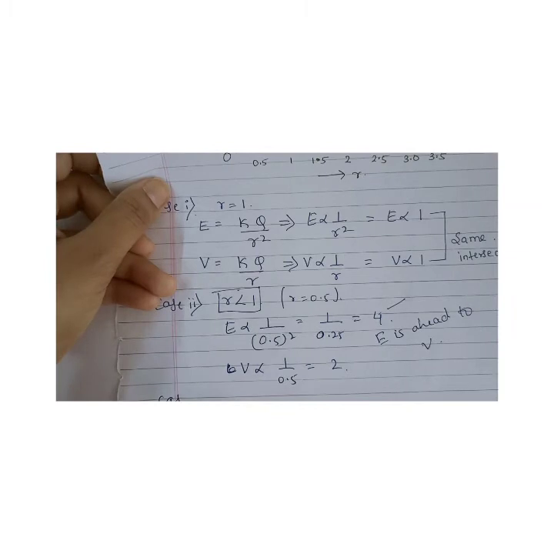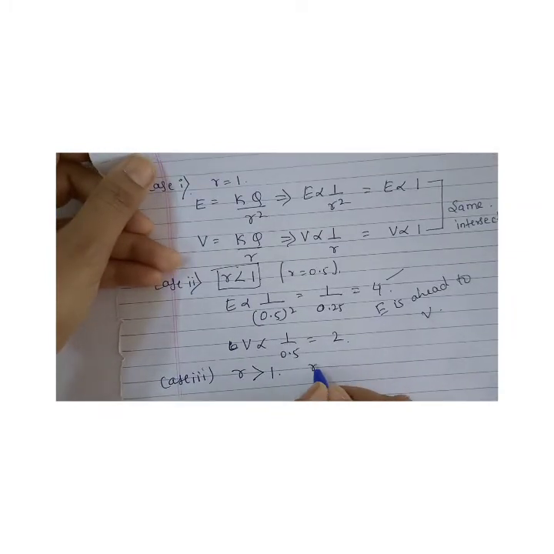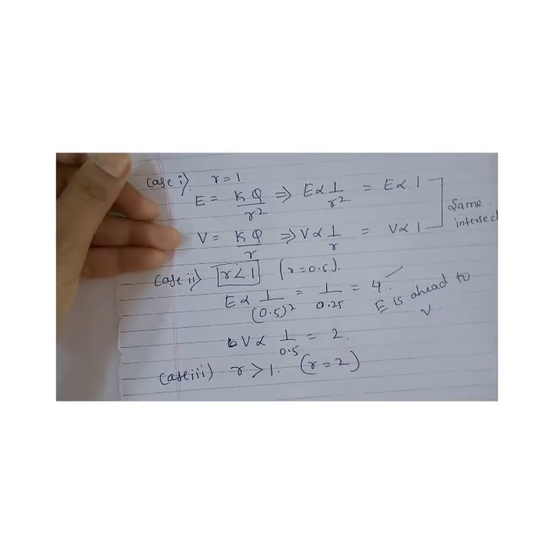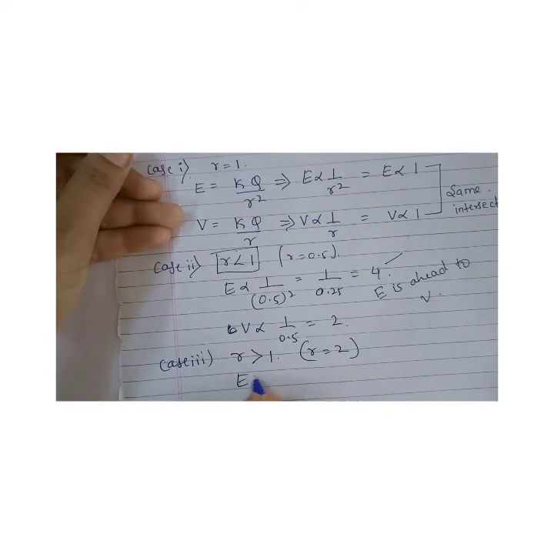What happens if R is greater than 1? Suppose R is 2, the distance is 2. What about the E value?